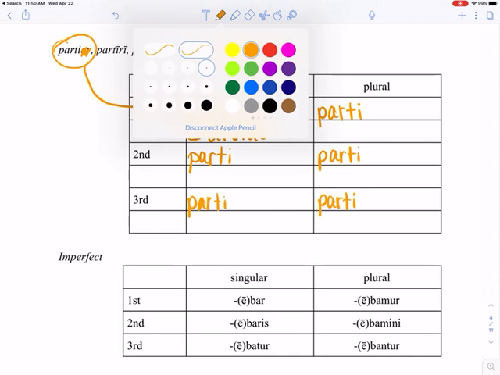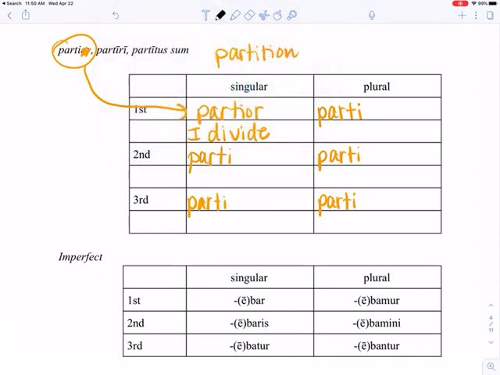Let's go with black. Now for second singular, we're not going to add the E in parentheses. We're just going to add ris. So I have partiris, and so this is you divide. Third singular, I'm going to add tur for partitur. So this is he, she, ooh, that's bad. I'm not doing well today.